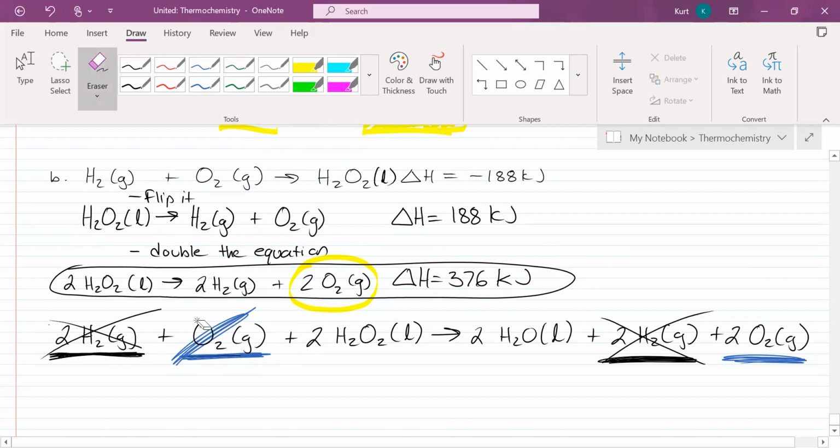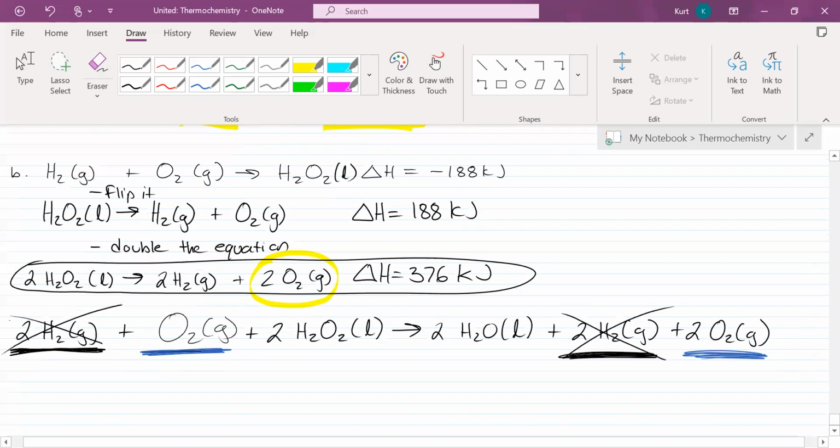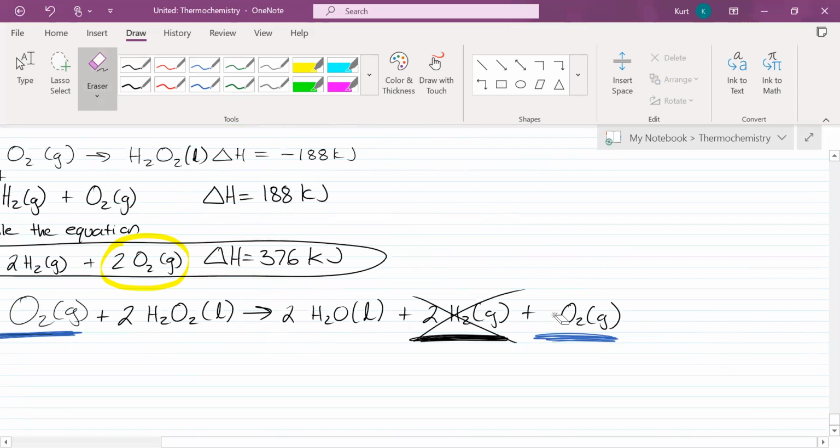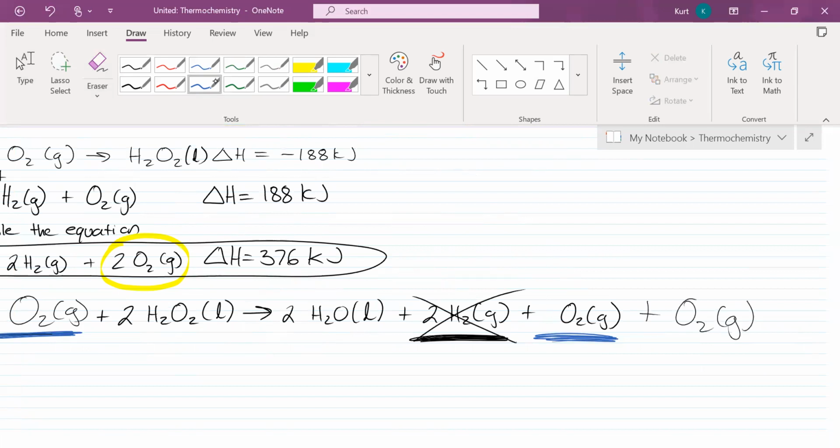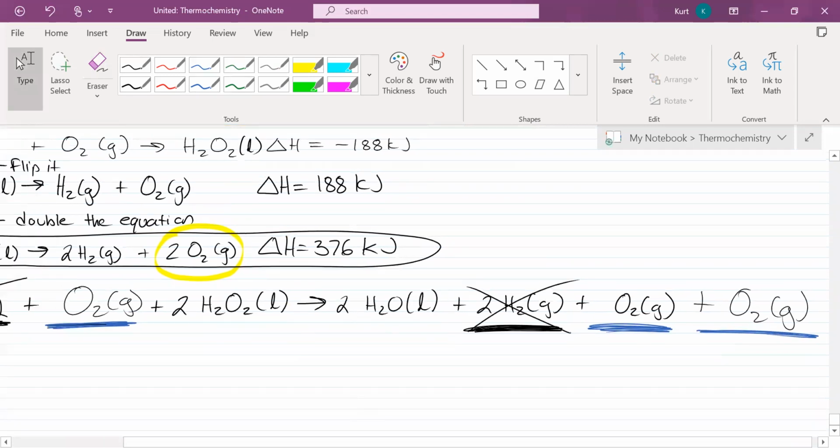Let me visualize it for you like this. Maybe this might help you see it. Okay, Emma, watch. Does that help? Yeah. So let's say I have oxygen here and here, 1 and 1.